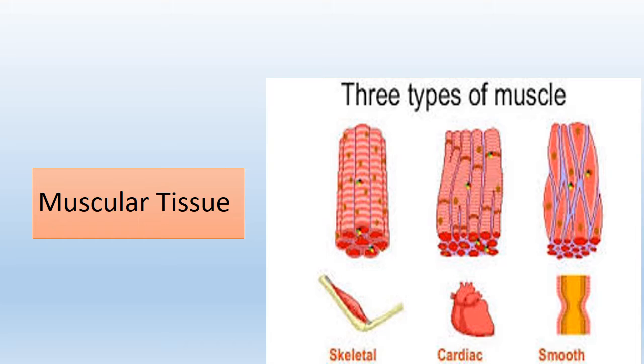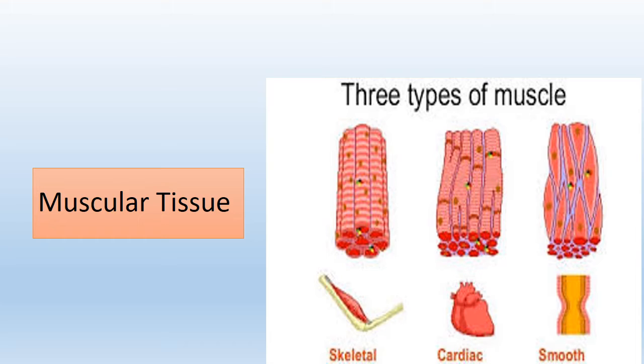The muscle tissue performs a vital role in the human body. Smooth muscles form the contractile portion of the walls of the digestive tract and bladder of a human, and also the blood vessels.